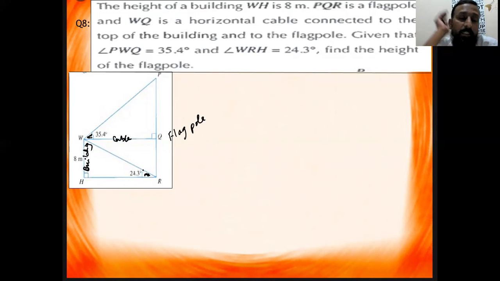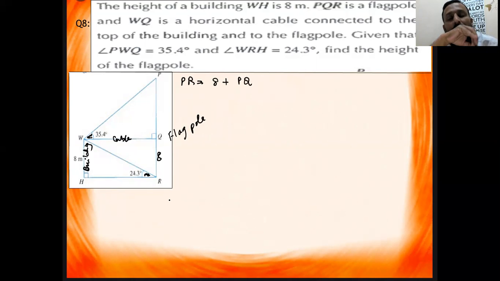Now, if you see the figure very carefully, the height of the building is WH and it's 8 meters. So I can plug in this 8 meters over here also. This is also my height of the building. So my flagpole length PR equals 8 plus PQ, right?